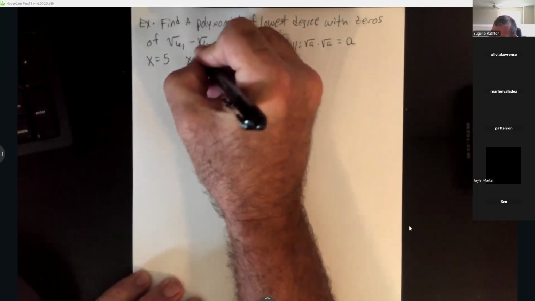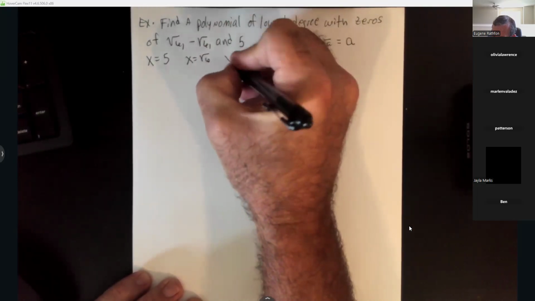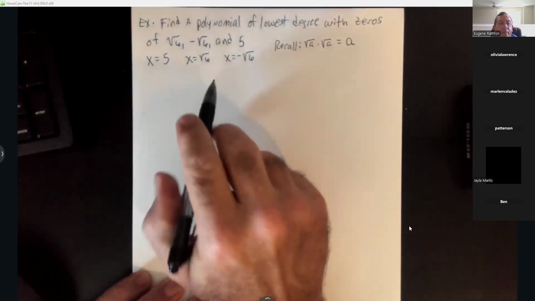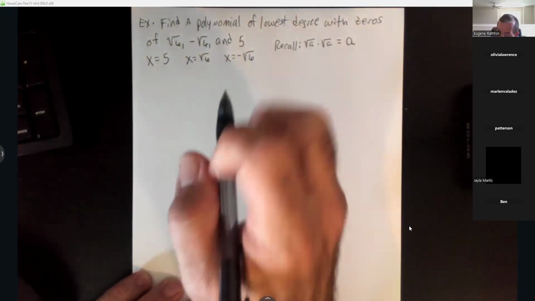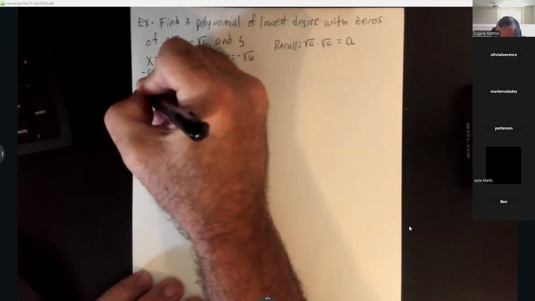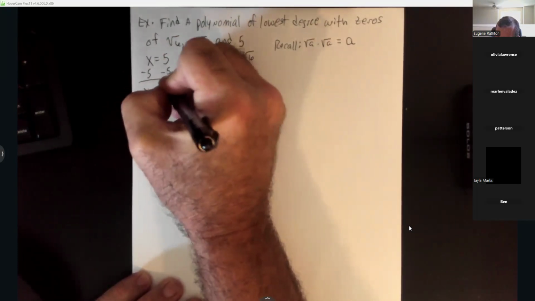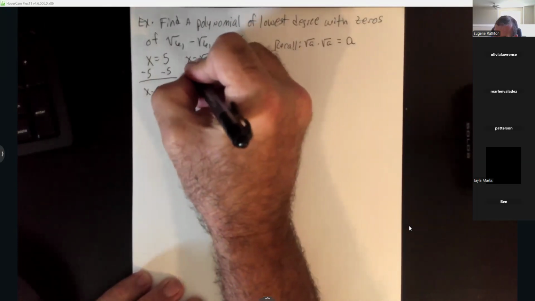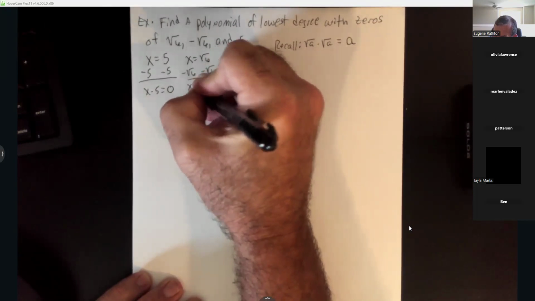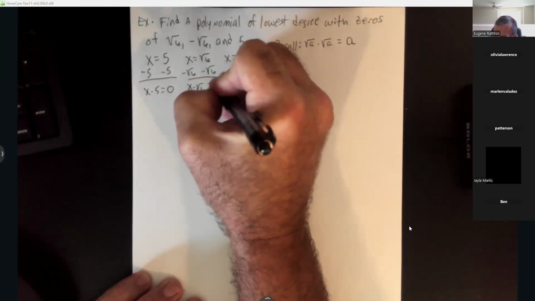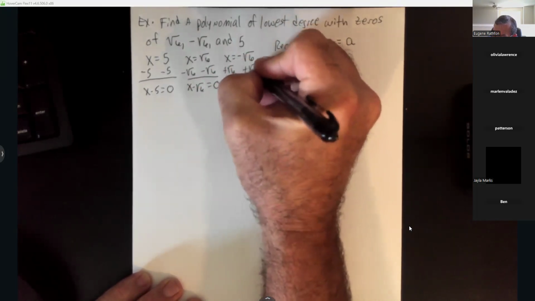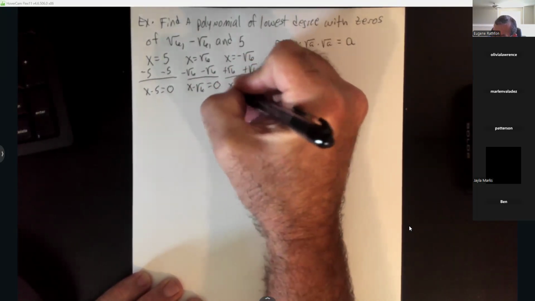So x equals 5. X equals square root of 6. X equals negative square root of 6. Same thing, we want a 0 on the right side. So I'm going to subtract 5 from the first one, subtract the square root of 6 on the second one, and then finally add the square root of 6 to the third equation.